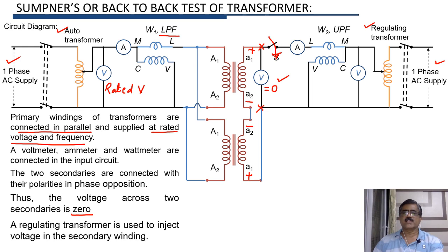On the secondary side also, there is one voltmeter, ammeter and wattmeter. Here you can note that wattmeter W2 is UPF type, means unity power factor type, whereas on primary side it is low power factor type.